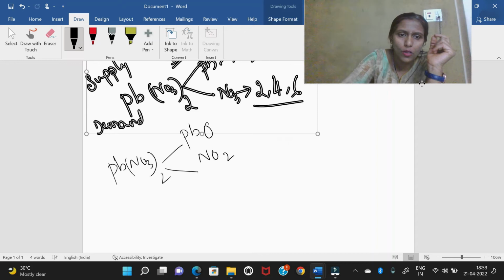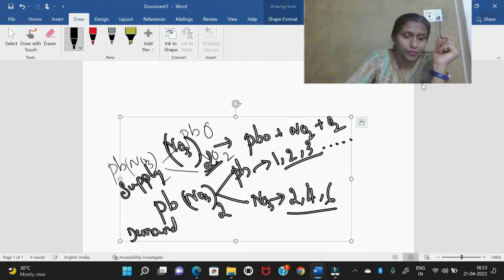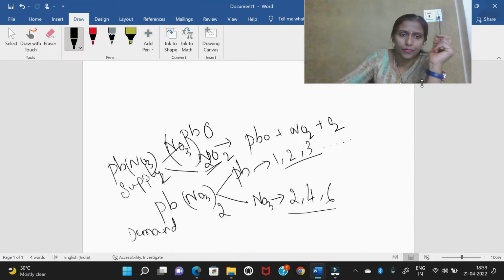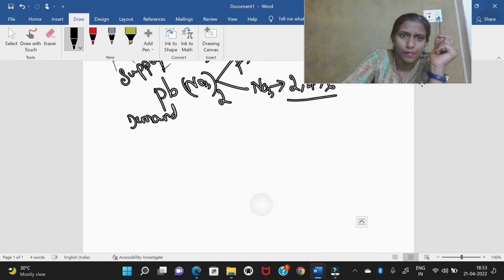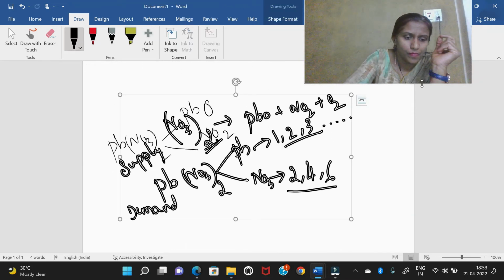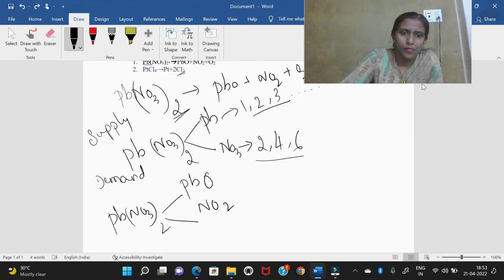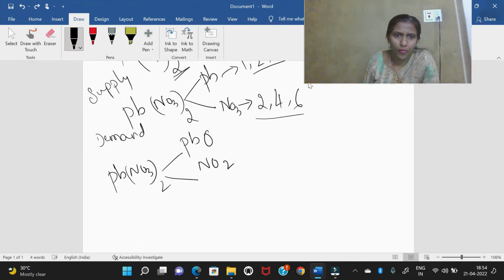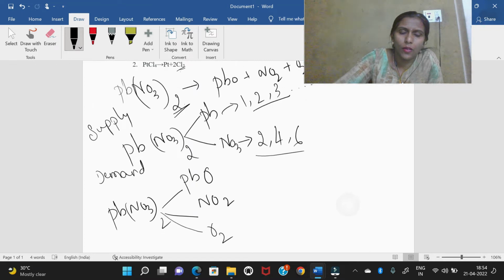Another family wants only oxygen, 2 kgs. One second. And another family is there which wants only oxygen. So, is it right? Okay. PbO, NO2 and O2.